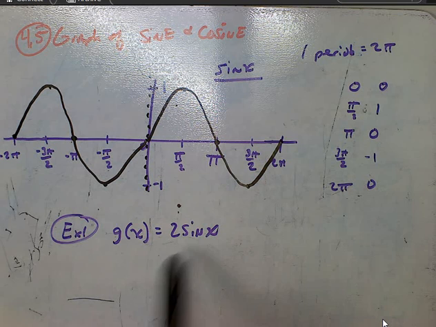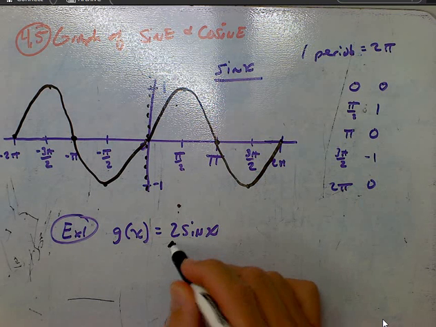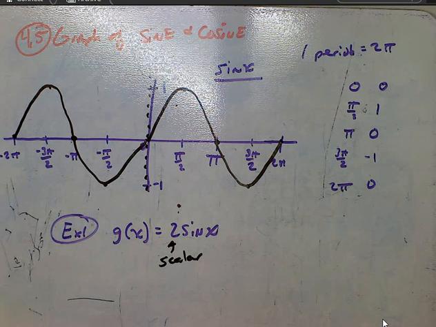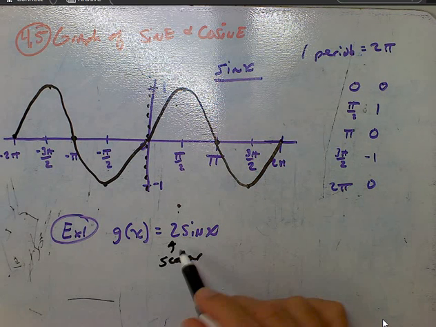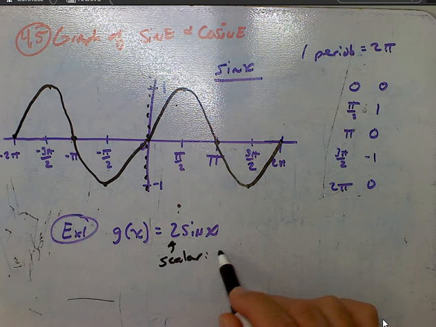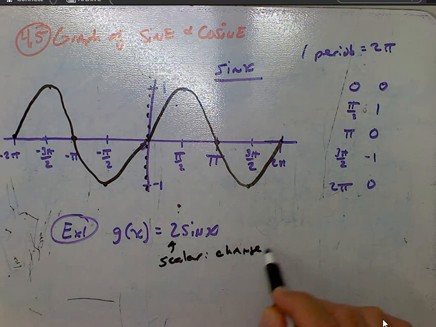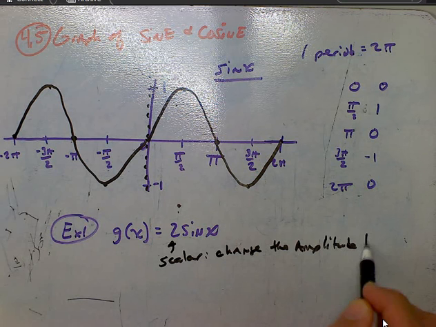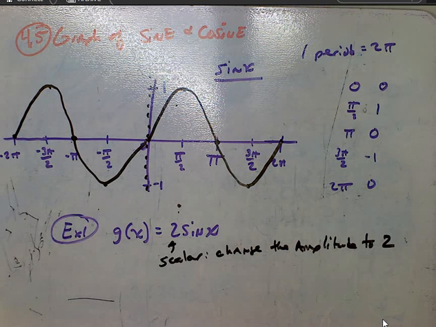Well, the 2 out here in front is essentially a scalar. It's going to stretch the graph vertically up by 2. So this is going to change the amplitude to 2. And so now I'm going to go ahead and use the same grid.